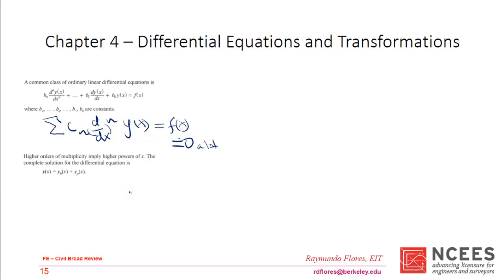Then you've got your overall solution to this form, which is the fact that you can take the homogeneous solution and add it to the particular solution. But what you have to understand is that's just for higher powers, right? So if it's equal to 1, then you only have one type of solution, and it's really easy.